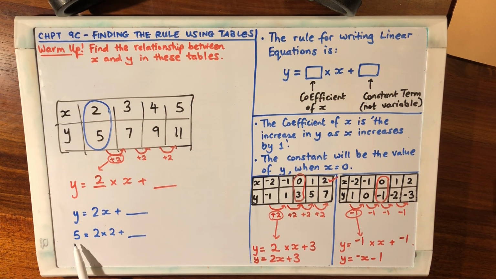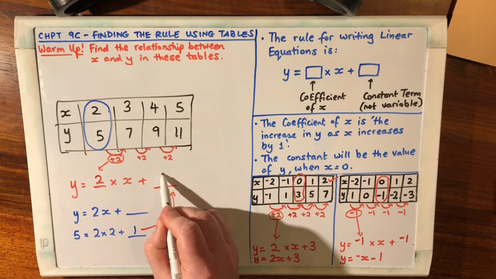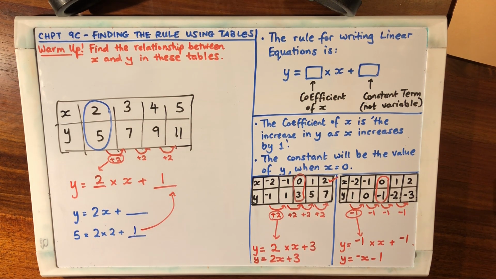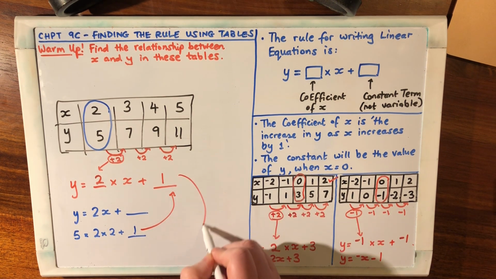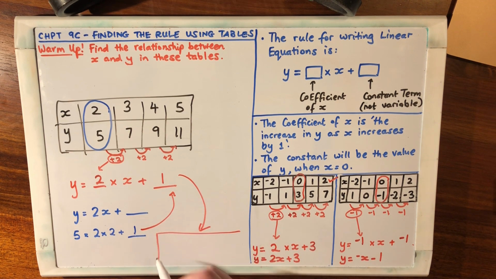So what does 5 equal? 2 times 2 is 4, plus something equals 5, and therefore that number must be 1. Now we can bring that number back up here and use it as our constant term, and rewrite this equation so it's a little easier to read. That's going to be y equals 2x plus 1.